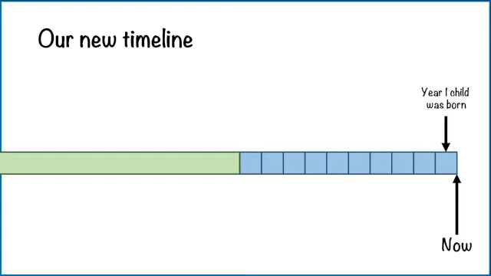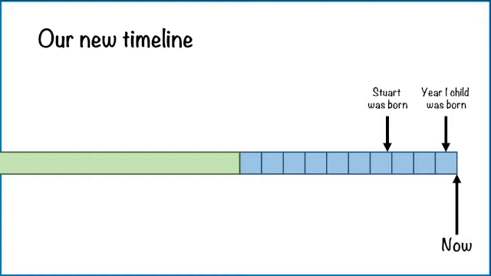Let's take a look at where I would go on that timeline. Now I'm older than a year 1 child is, so I'm further in the past when I was born. There I am. Let's count back 10 years into the past, 20, 30. So I was born just over 30 years into the past. My mum is older than me, so she would be further into the past still.